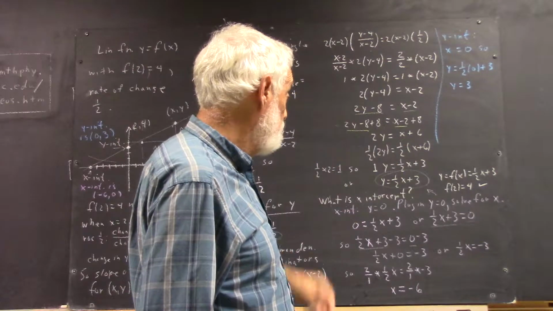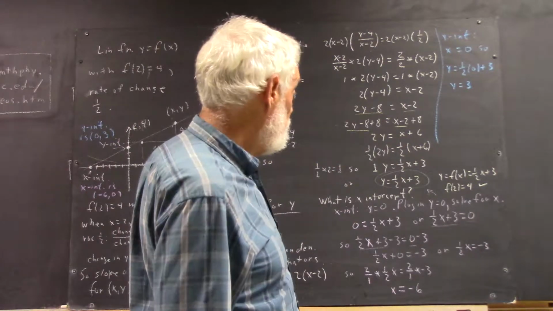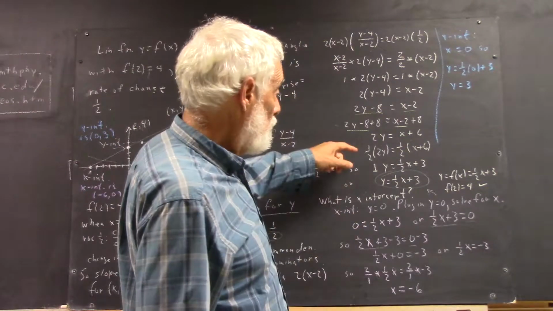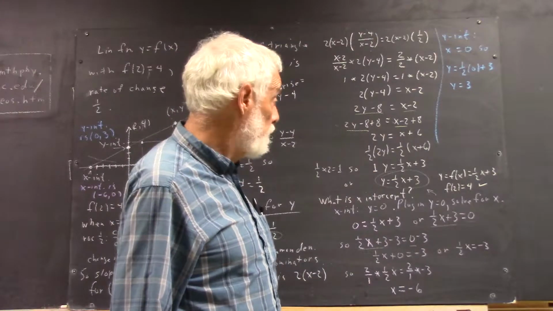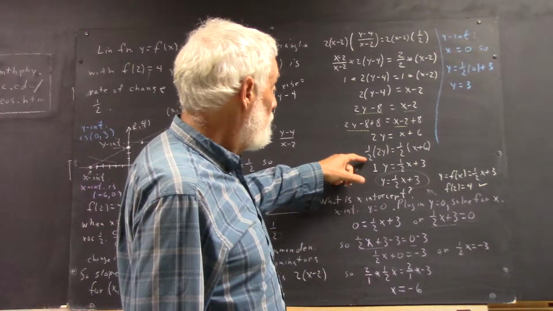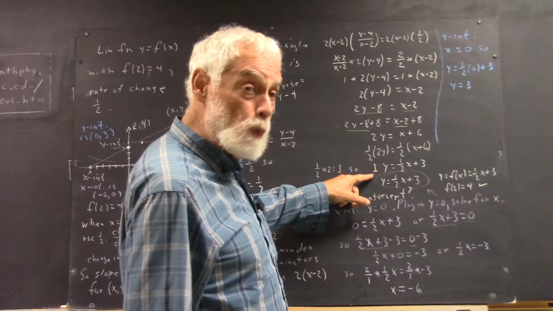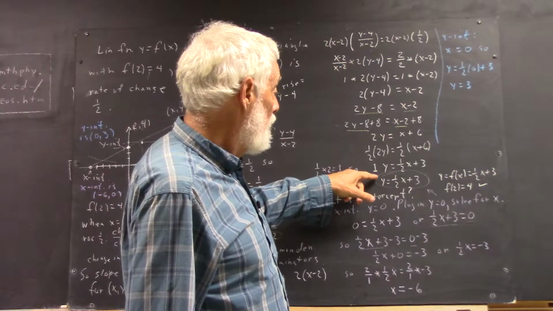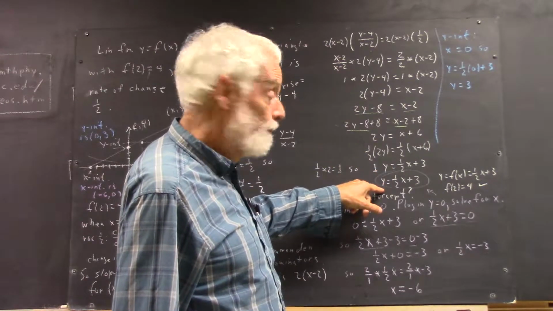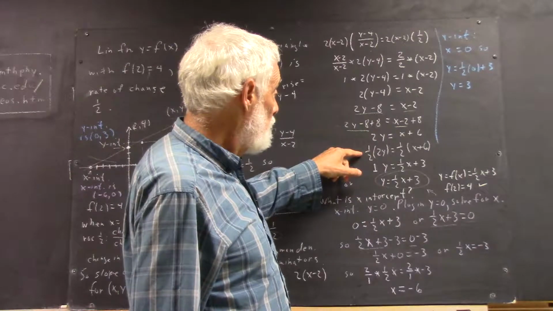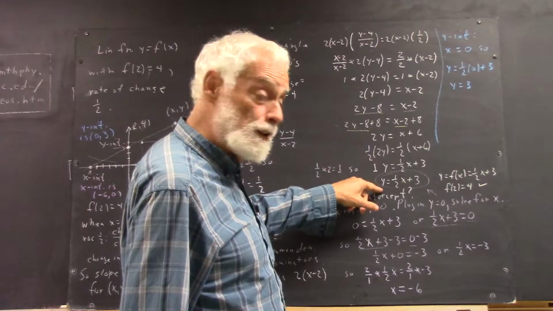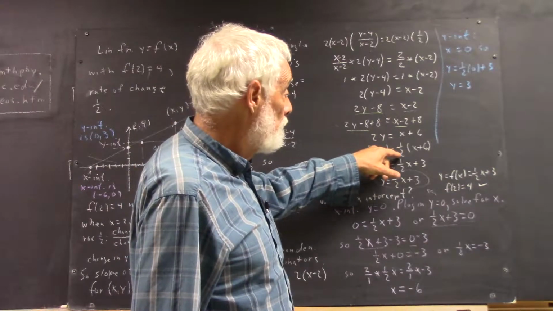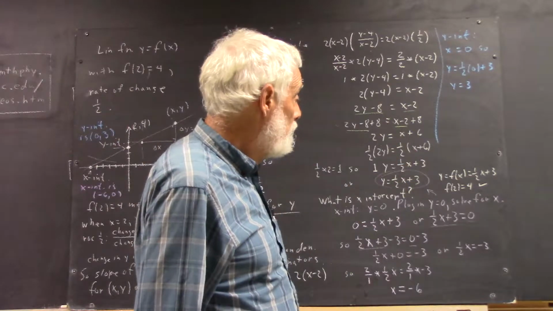Okay. Then what do I do? Well, I multiply both sides by 1/2. Because if I multiply 1/2 by 2, I get 1. And 1 times y is just y. Well, I multiply by 1/2 on this side, and that's going to give me y. I also have to multiply by 1/2 on this side.